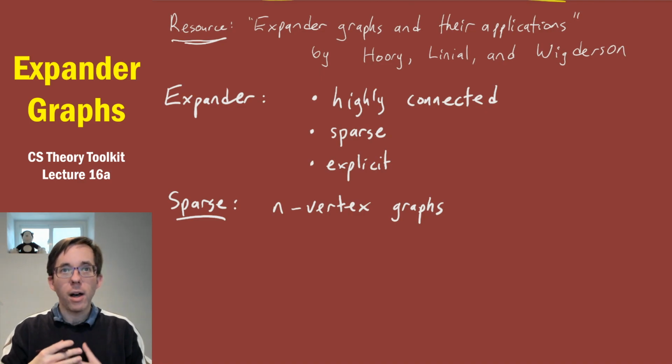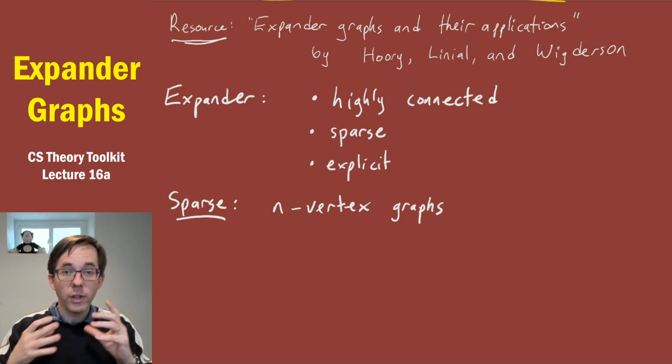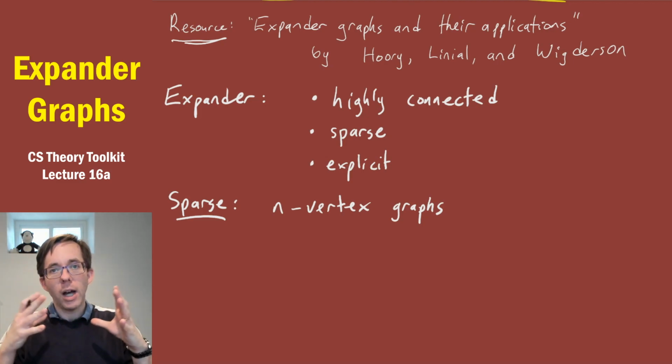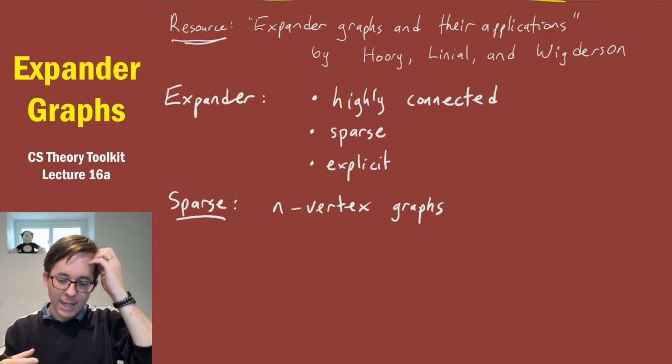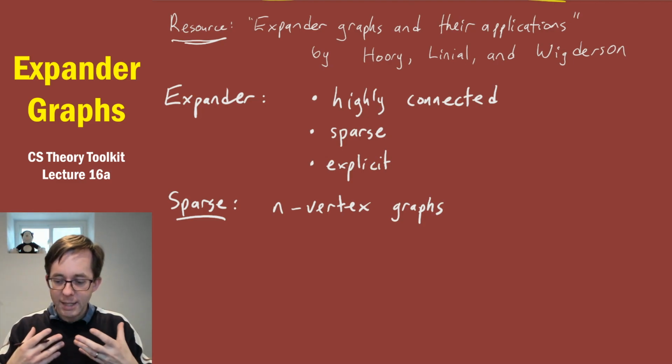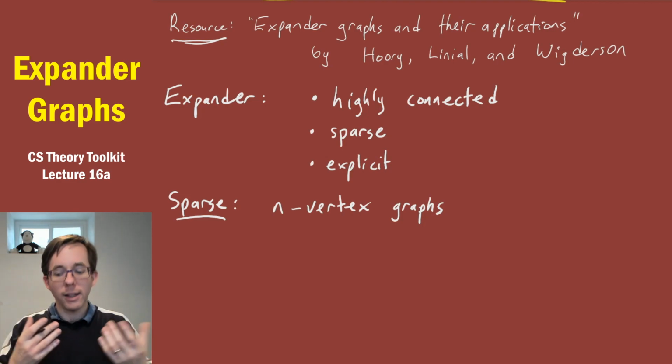Generally, you want to talk about families of graphs, graphs on larger and larger numbers of vertices. You want to say you have an expander graph family if you have a sequence of graphs on larger and larger numbers of vertices n, where each graph is sparse and highly connected.